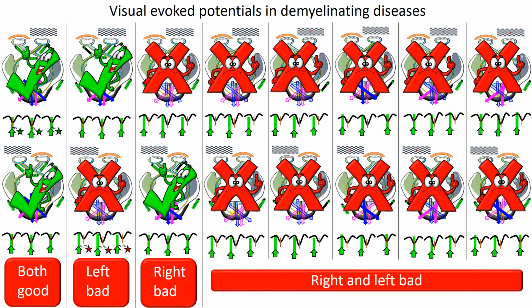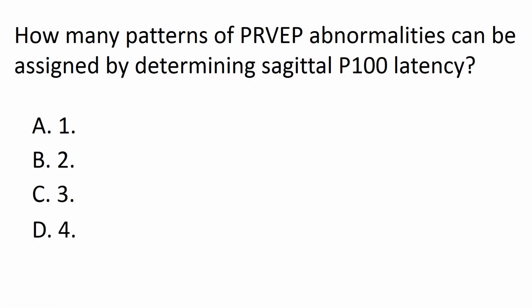And a conglomerate of non-localizable conditions when the right and the left sagittal P100 are delayed. So the answer to this question is D.